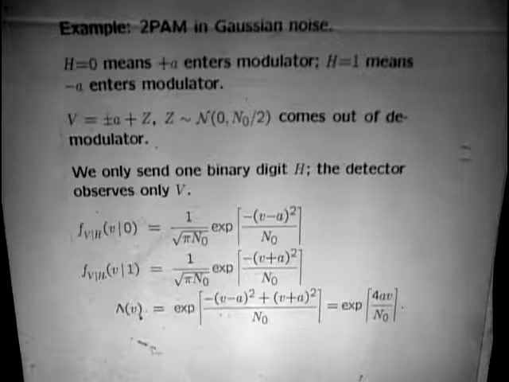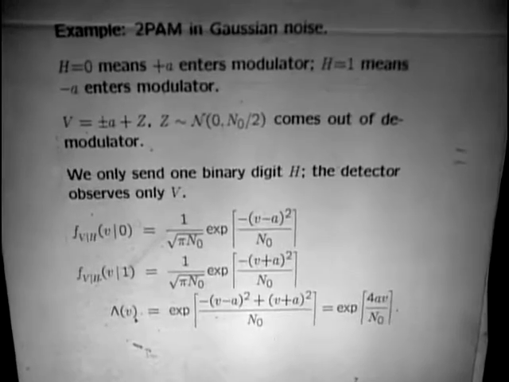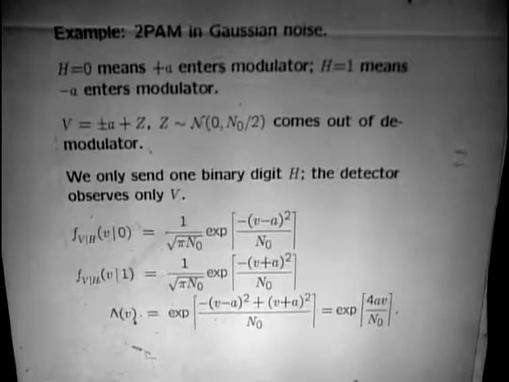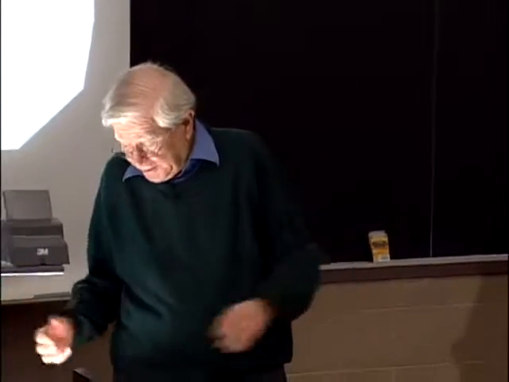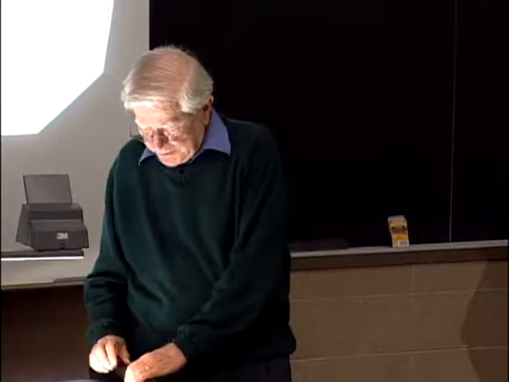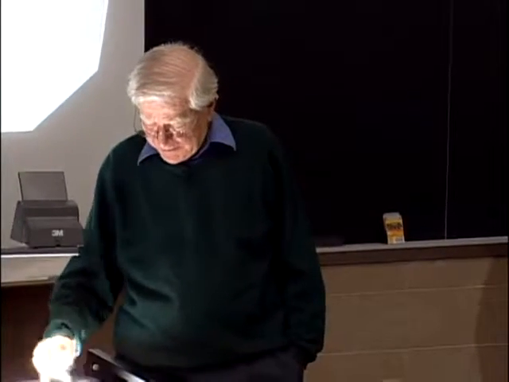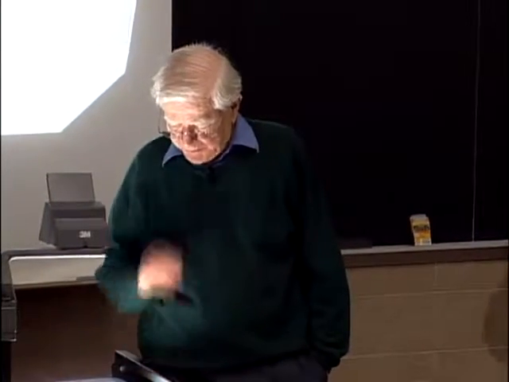I would prefer to call it sigma squared, but unfortunately, you can't fight City Hall on something like this. And everybody talks about N0 and N0 over 2, and you've got to get used to it. So here's where we're starting to get used to it. So that's the variance of this noise random variable.